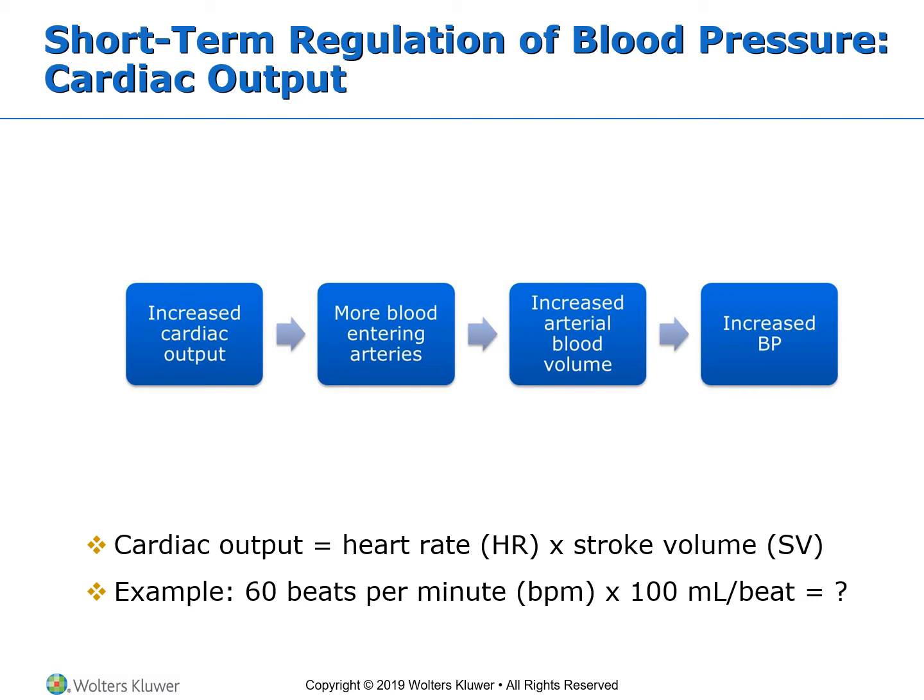We don't want to destroy the vessels, the circulation vehicle, and we don't want to overwhelm the pump. So specifically, the body will regulate the blood pressure at the level of the arteries.